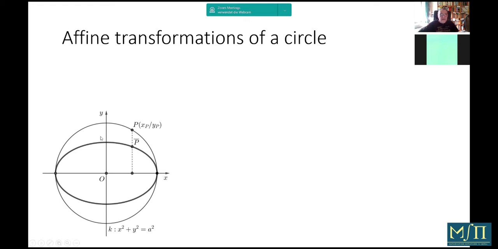So that would mean this point up here. That would be one of these 2 points that one of the two minor vertices map onto.